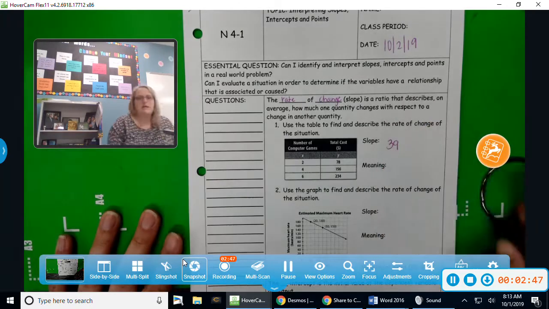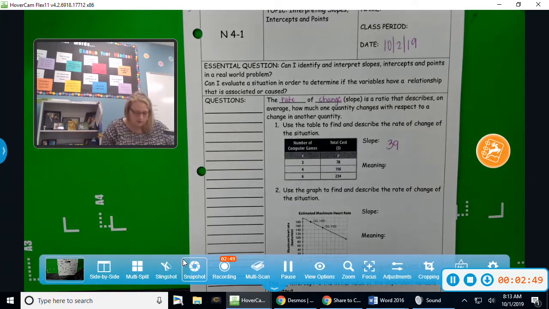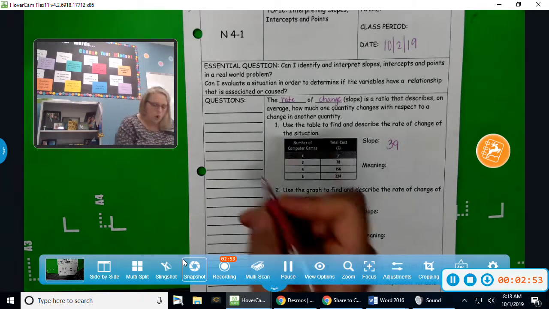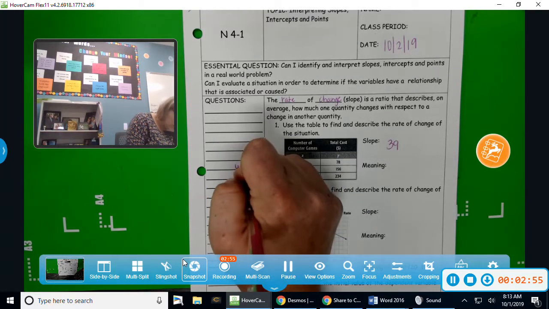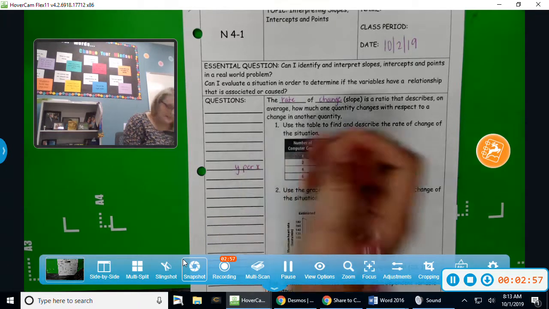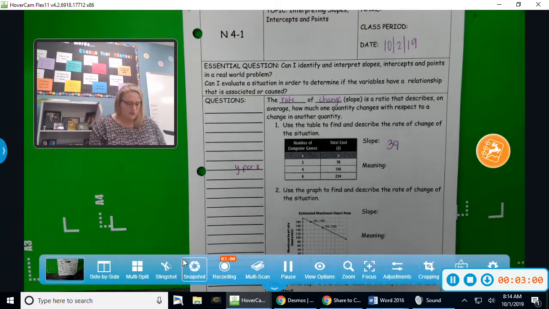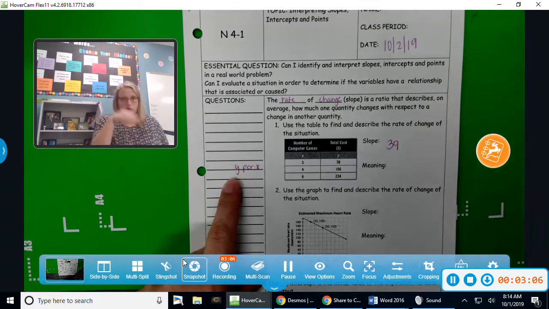We don't know what that means in this problem situation. So we have to remember that slope is always y per x. And in this problem situation, because it's always the vertical change over the horizontal change, okay? And vertical is y, horizontal is x, okay?